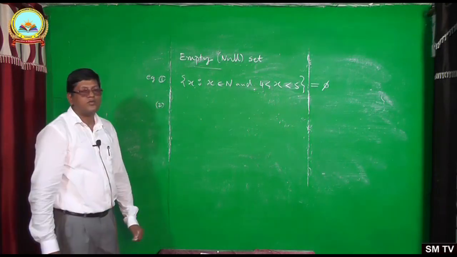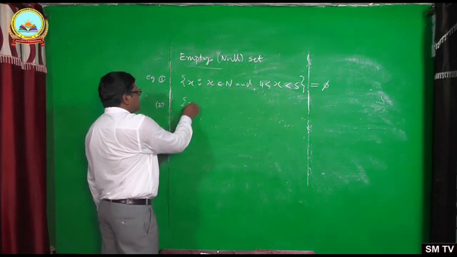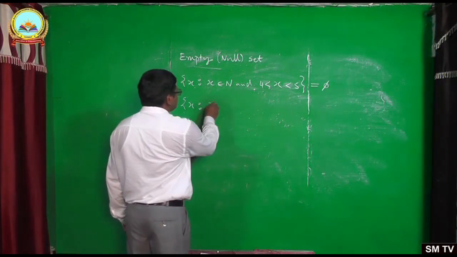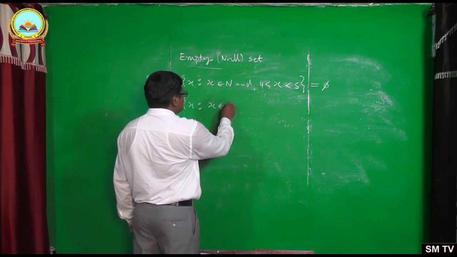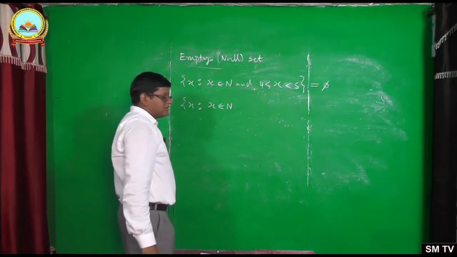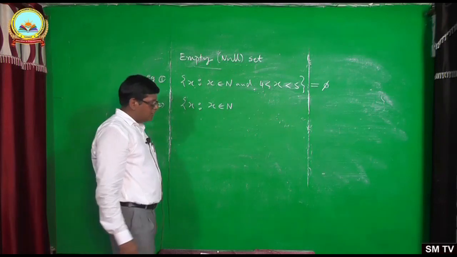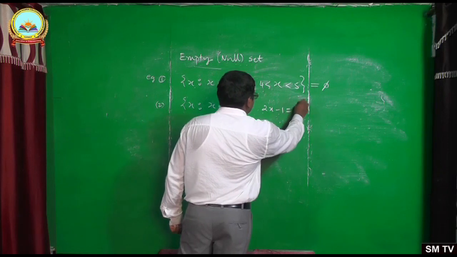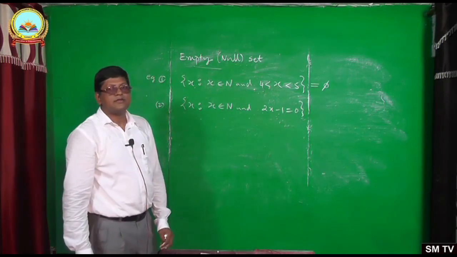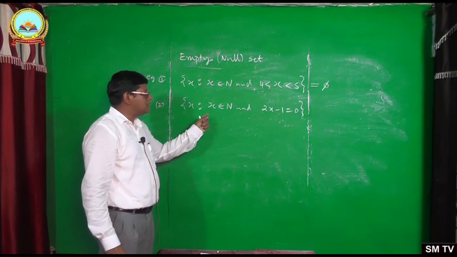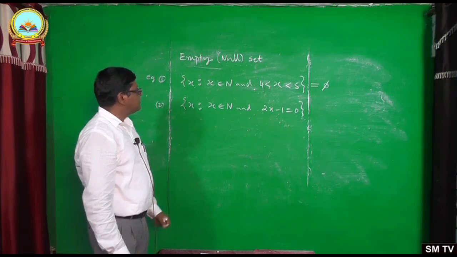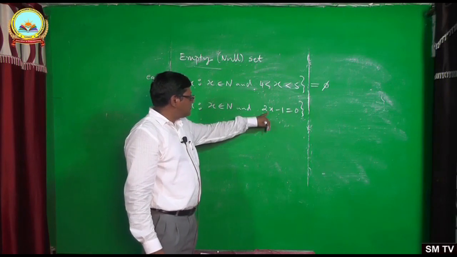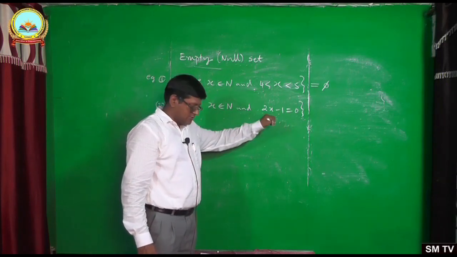Example number 2. The set of all x such that x belongs to N, that means x is a natural number, and 2x minus 1 is 0. That means this is the set of all those natural numbers which satisfy this equation.